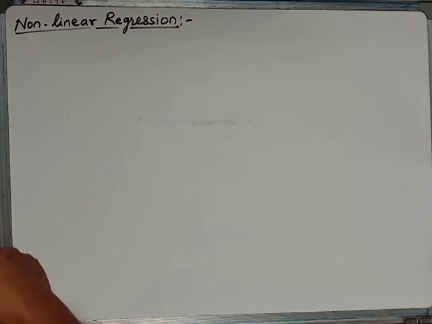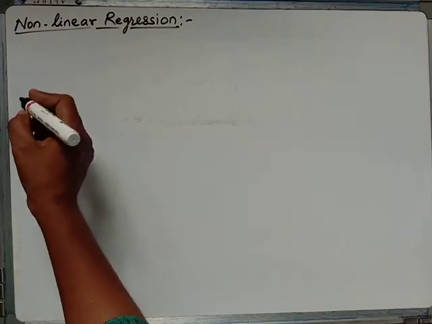If r square is small, the linear regression will be of no use for prediction of the value of the dependent variable, that is, there is no linear relationship between them, but a curvilinear relationship, that is second degree, exponential and third degree, etc. Such a relationship is called nonlinear regression.